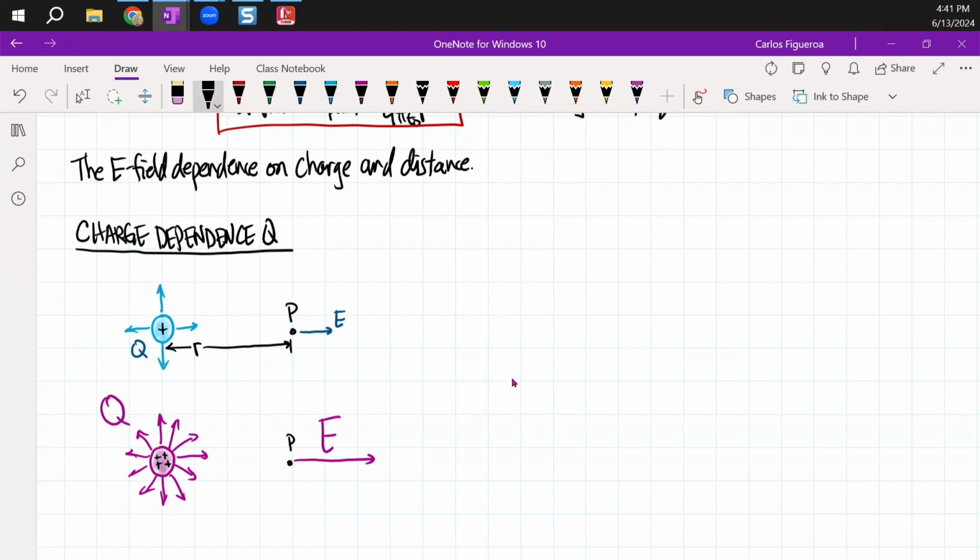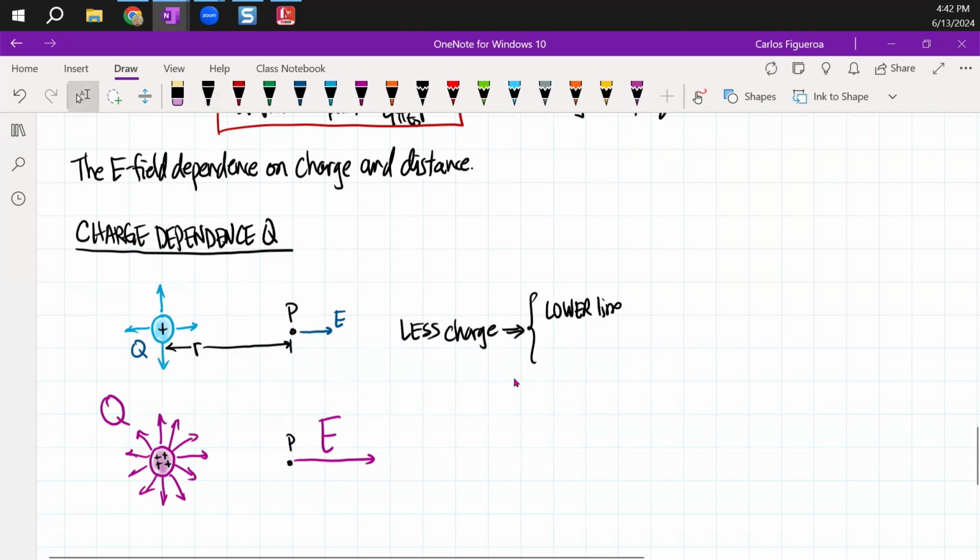So in other words, I can say this: if I have less charge, then what I expect to see is a lower line density, but a lower line density tells you that it's a weaker field strength.